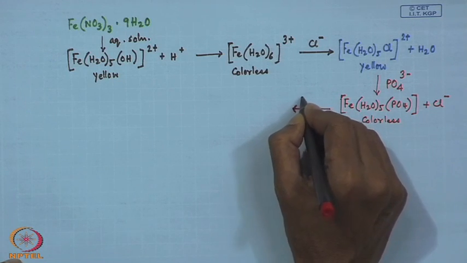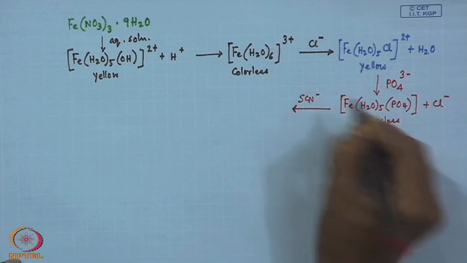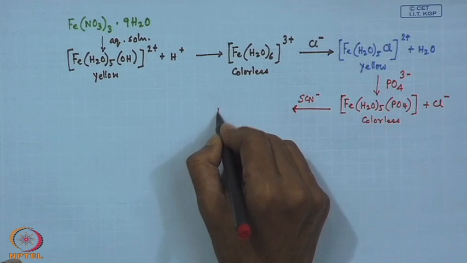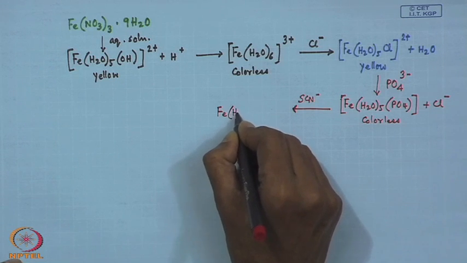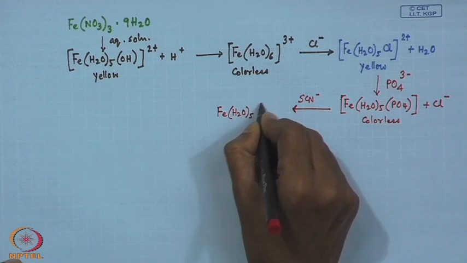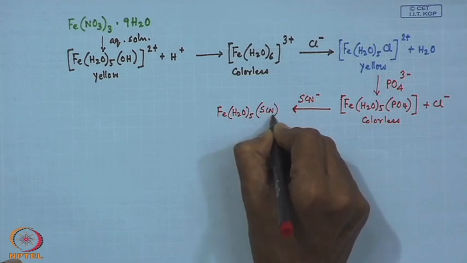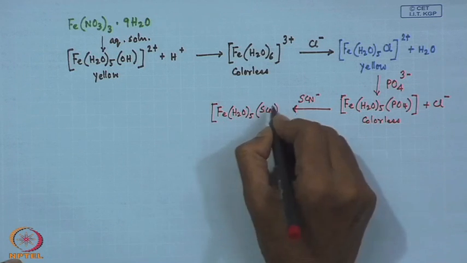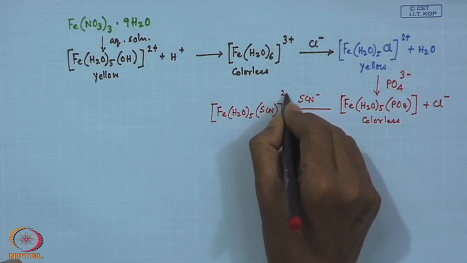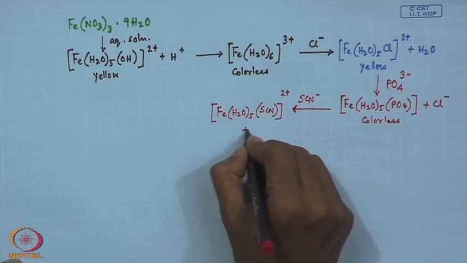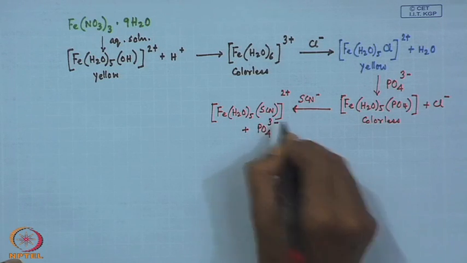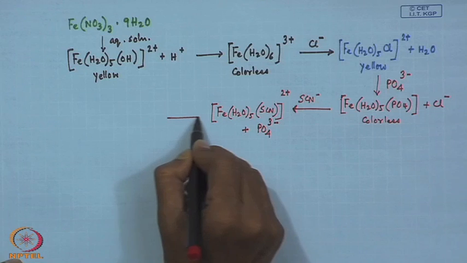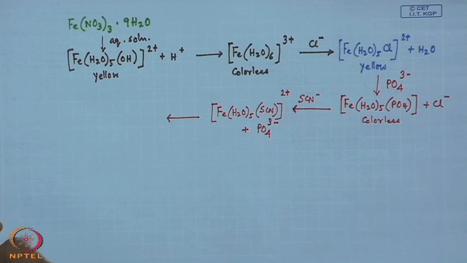So, if we add the thiocyanate anion over here, we get the red compound [Fe(H2O)5(SCN)]2+, with removal of the phosphate anion part.